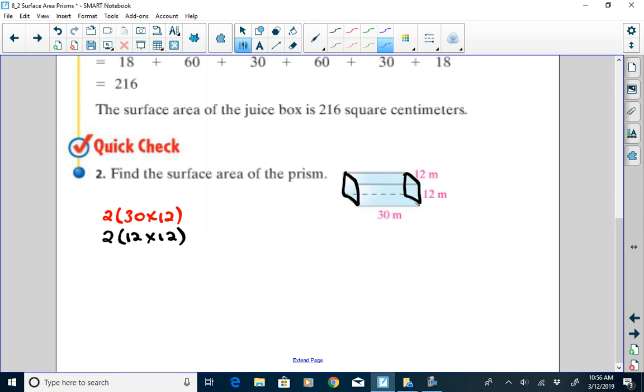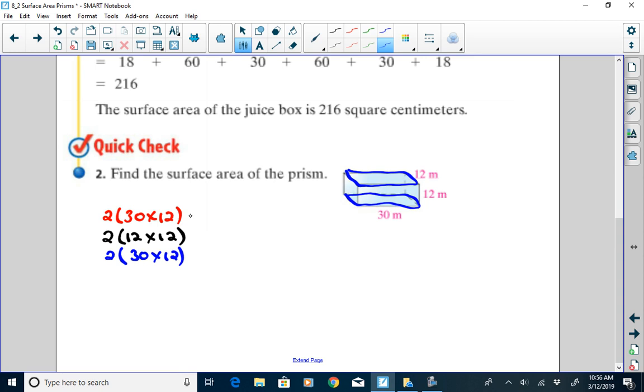Finally, we have two rectangles that are the top and bottom rectangles, and those rectangles would be here, right? The top rectangle and the bottom rectangle. Those rectangles are 30 by 12 again. So we have another two rectangles that are 30 by 12.